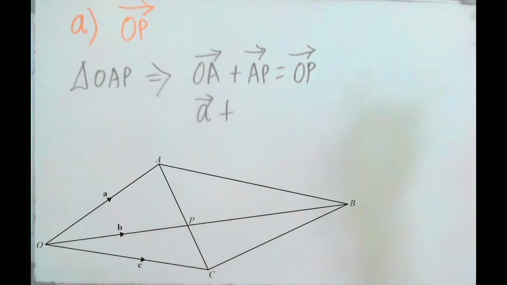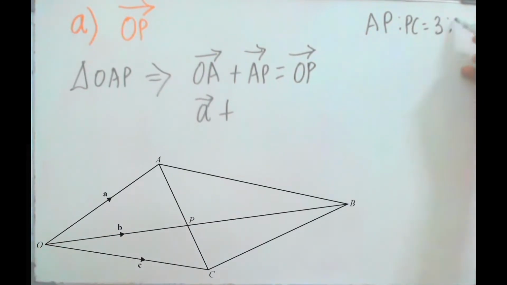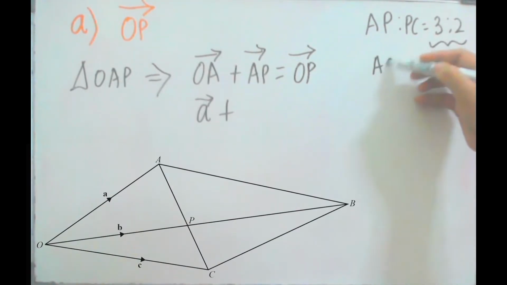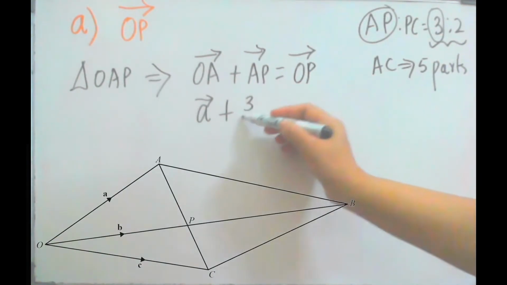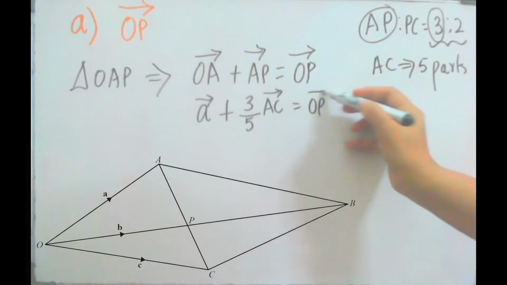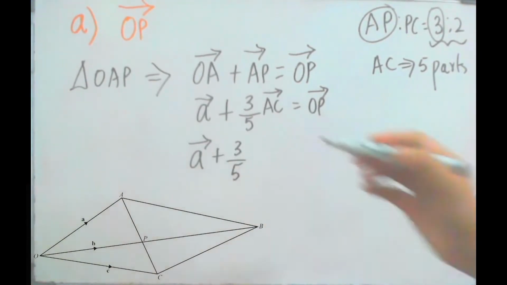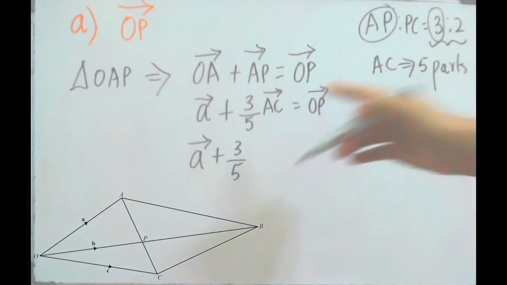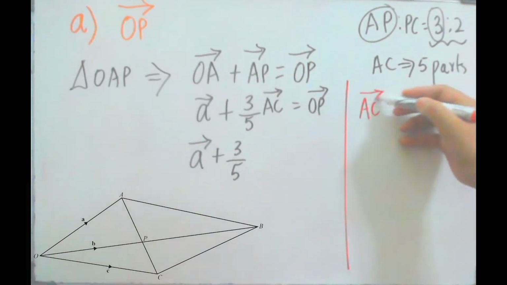So the total is 5 parts. AP is to PC is 3 is to 2. As you can see, total AC is 5 parts. Out of that AP is 3 parts. So we will write 3 out of 5 of AC. That is equal to OP. Now we will substitute AC, 3 over 5. We don't have the AC vector, we will have to calculate that. So again we will apply the vector formula here. How can we calculate AC?